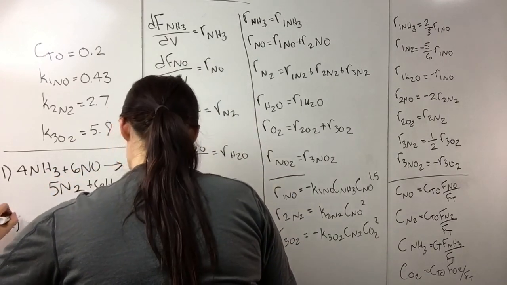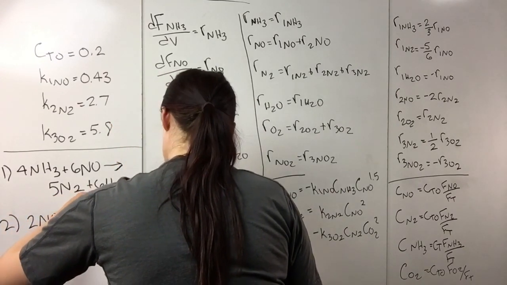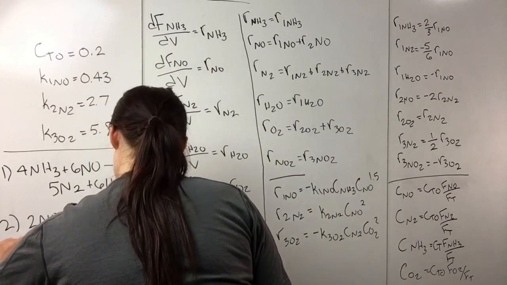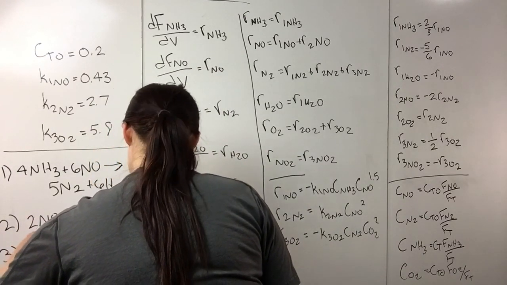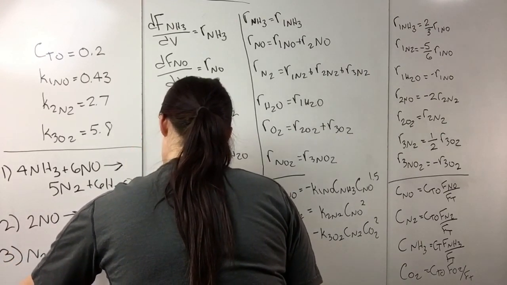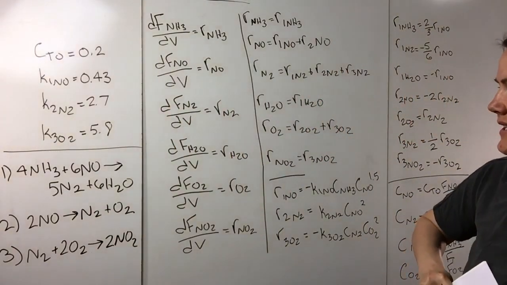For number 2, we had 2NO to N2 plus O2. And for 3, we had N2 plus 2O2 to 2NO2.